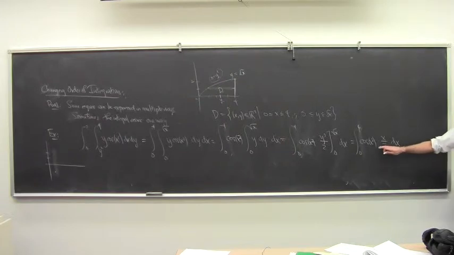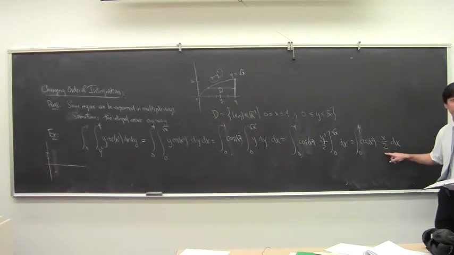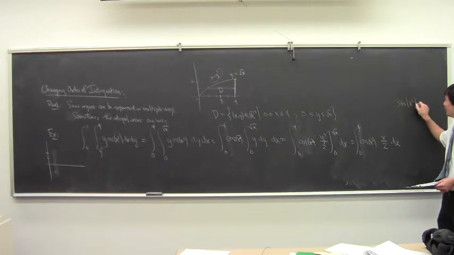And this is good, because now, what's the integral of x cosine x squared over 2? Sine x squared.